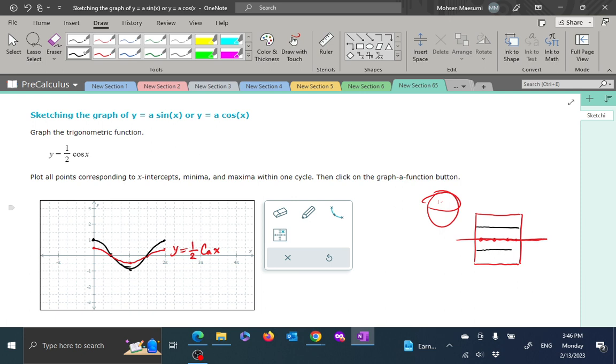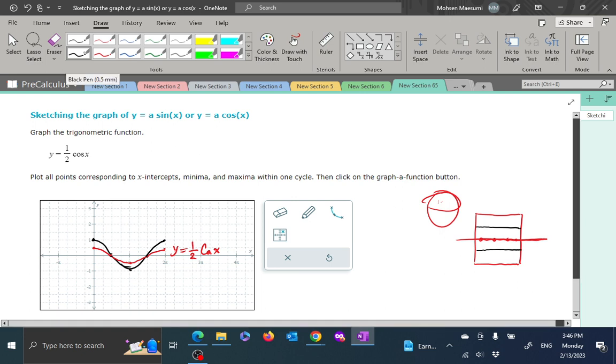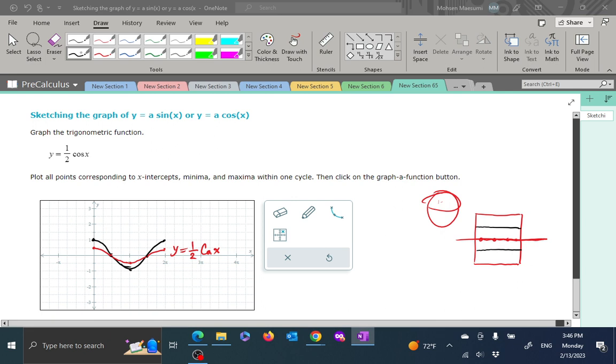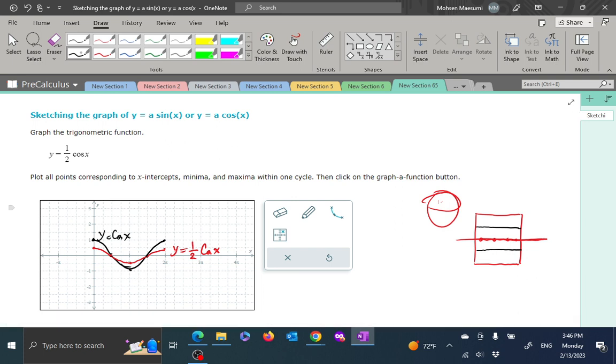It was originally stretched, now you let it shrink. If you let it shrink, what happens? The graph also becomes shorter, and that's what has happened here. The original black curve here is y is equal to cosine of x. You let it shrink by half of its size, so it becomes 1/2.